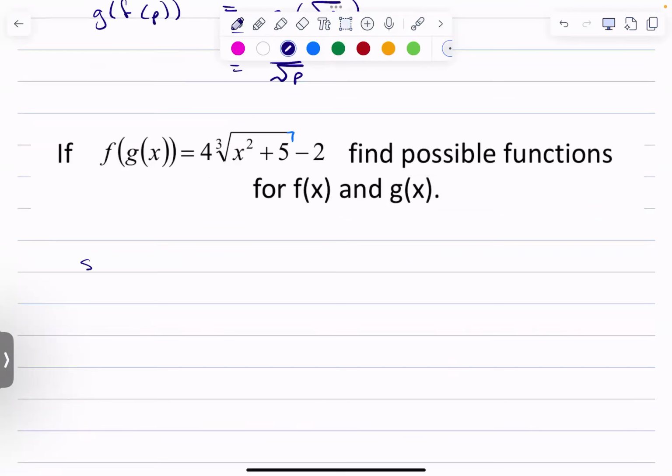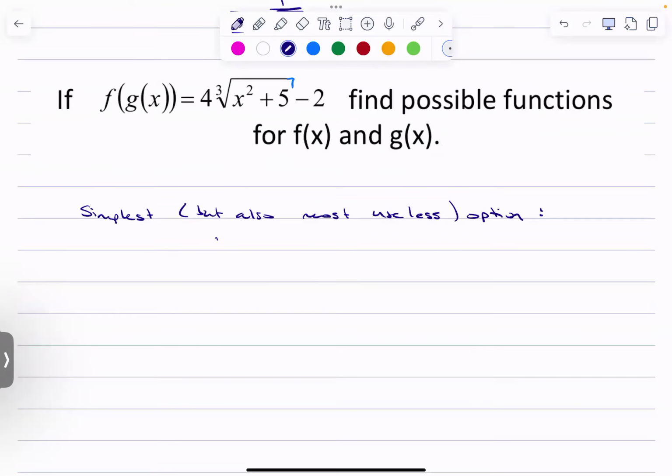The simplest, but also most useless option would be to let g of x be x. That didn't get me very far. It does work though, right?